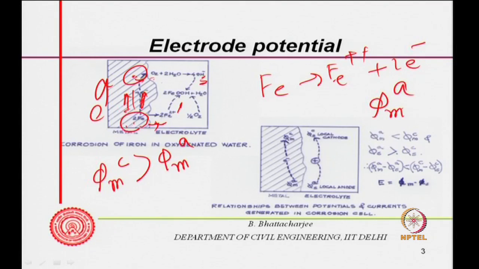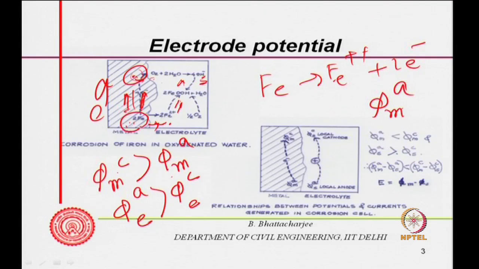We said that there is a variation of the potential from the metal surface to the solution, and we talked about 2-3 models, Helmholtz, and finally Stern's model. Since the electron moves from here to here, this potential must be more than this potential. So, phi m c is greater than phi m a, and in the electrolyte the positive ion moves along this direction. In other words, phi electrolyte at the anode must be greater than phi electrolyte at the cathode.